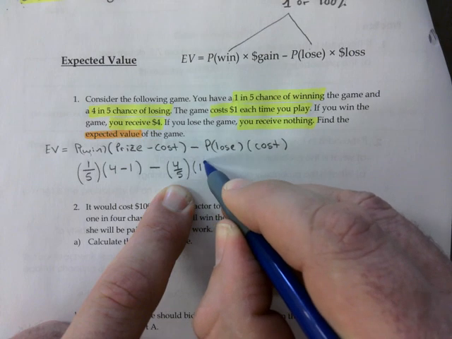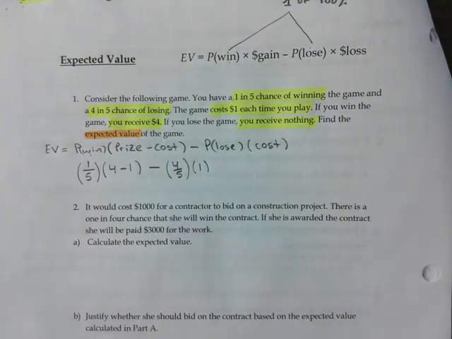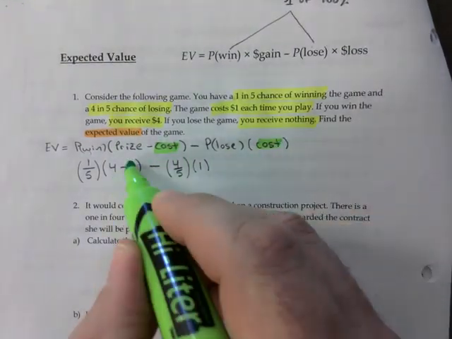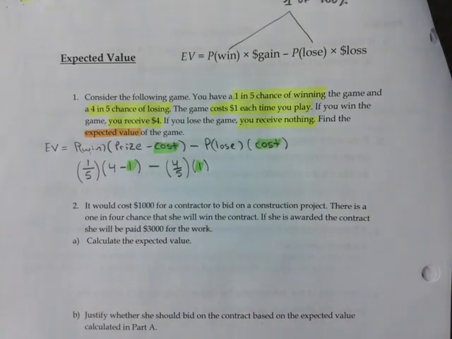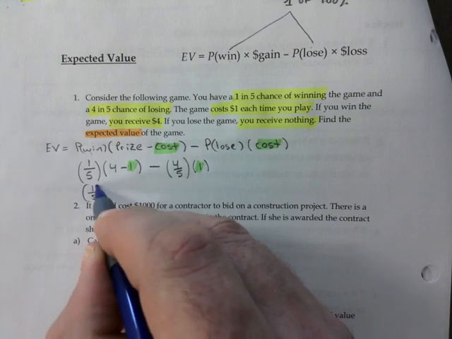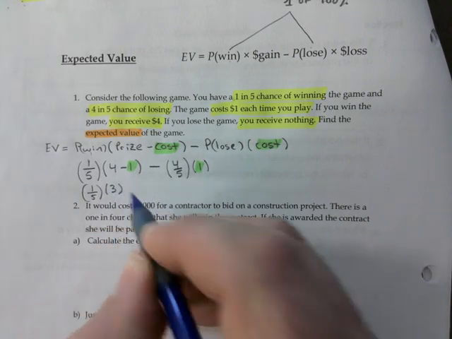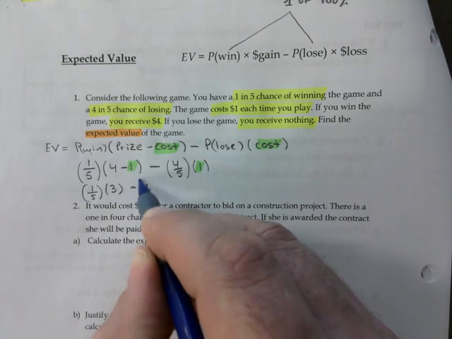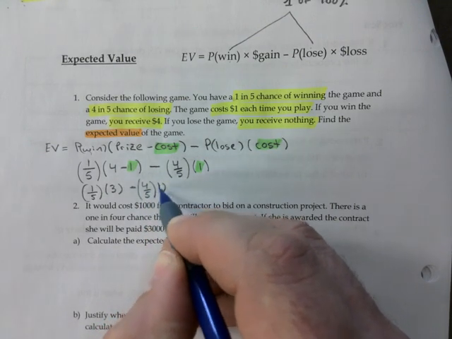It's $1. Okay, so there's your cost. Did I tell you I like highlighters? Okay. And just clean it up. Okay, so I'm going to go 1 over 5. I'm going to leave that. This is 3, right? And this is minus 4 over 5. Nothing to clean up there. It is what it is. Okay.